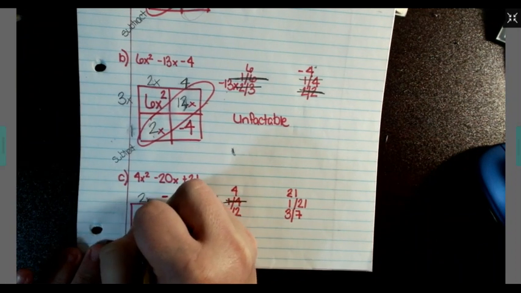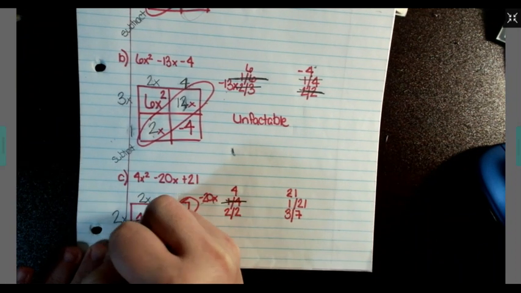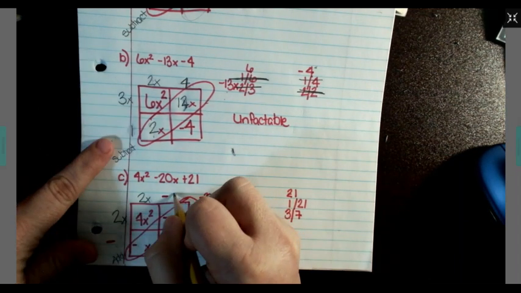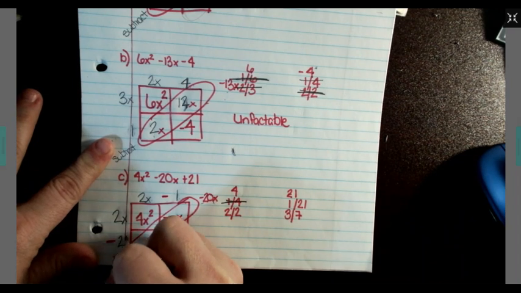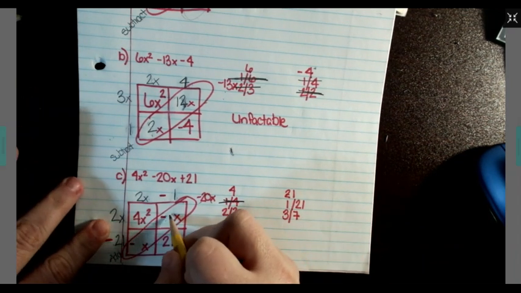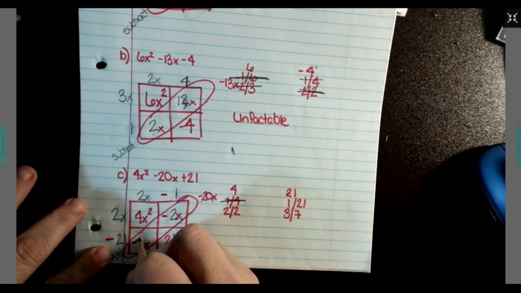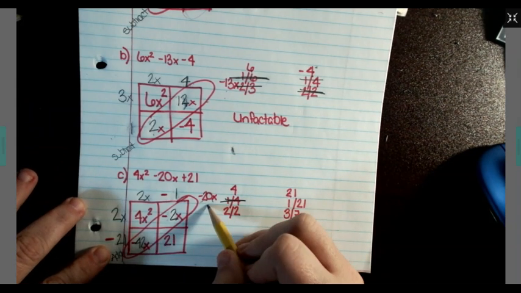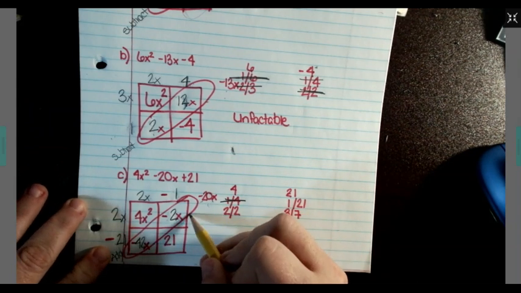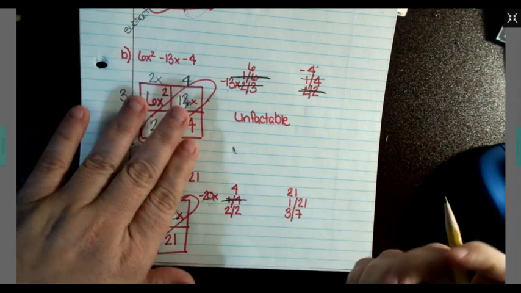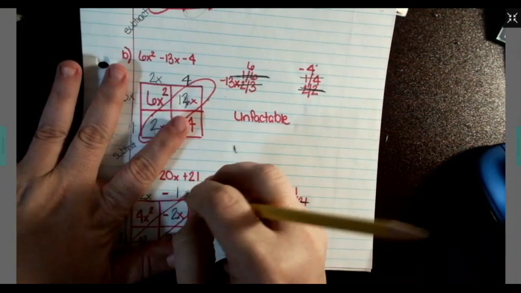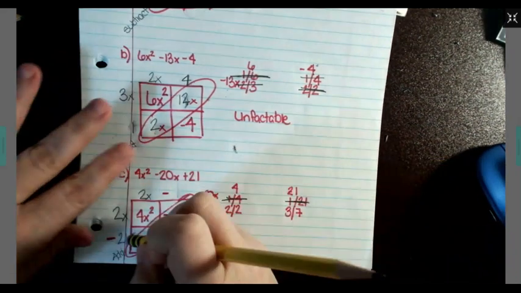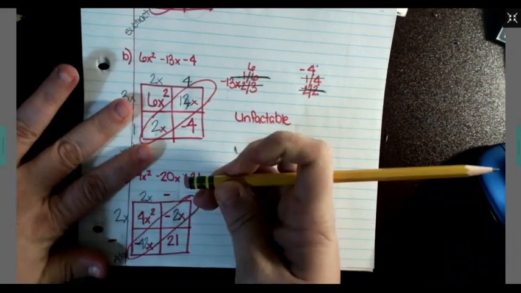So these, if they're factorable, it has to be 2x, 2x. So let's try it with the 1-21. This would give me 2x and 42x. That's not 20 when I add these together. Okay, so I know that 1-21 is obviously too big. Let's try the 3-7 combo here.